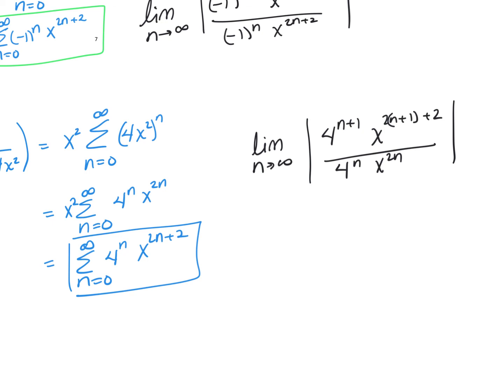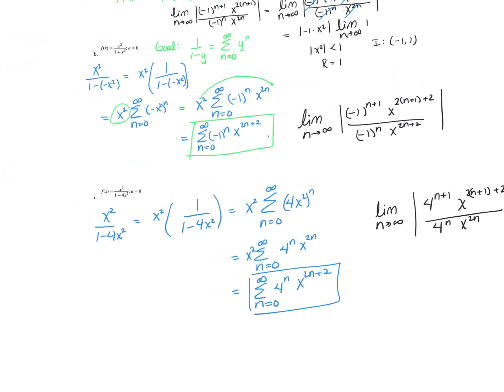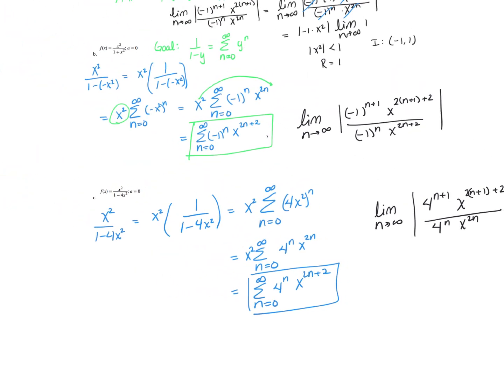So the big takeaways from this section is that for me to write my rational function as a power series, which then allows me to actually write it as a polynomial, I have to make it match my goal. So here's my goal.